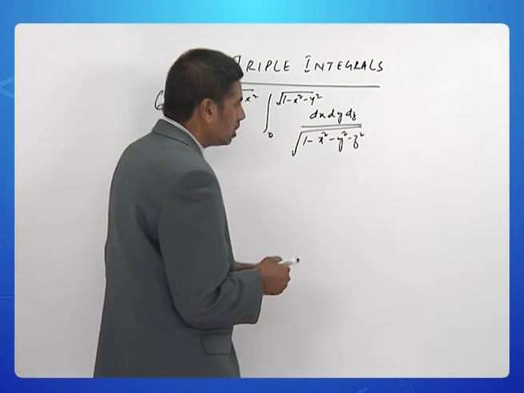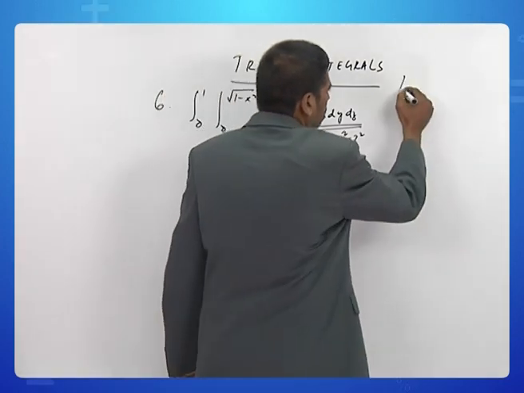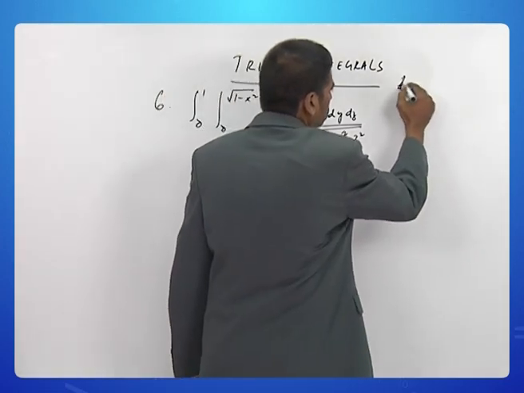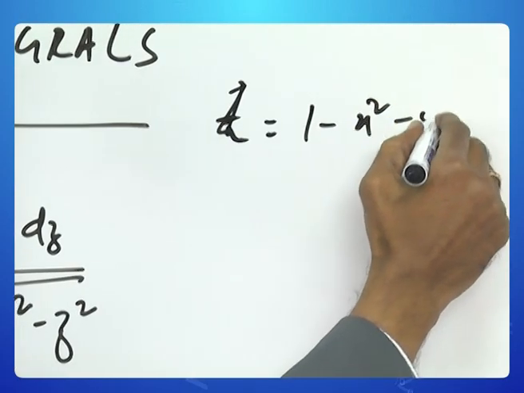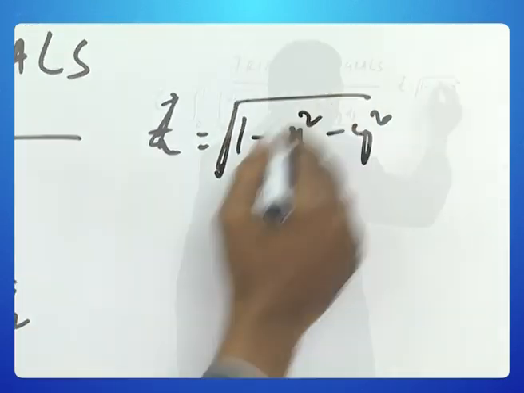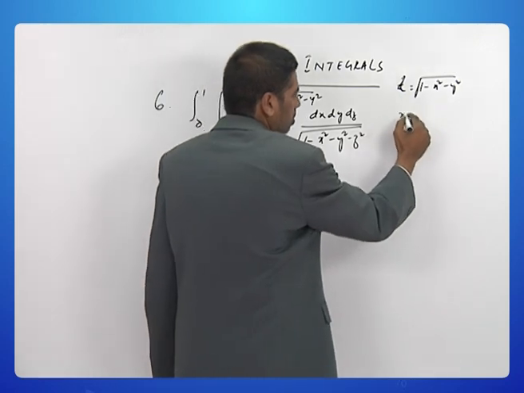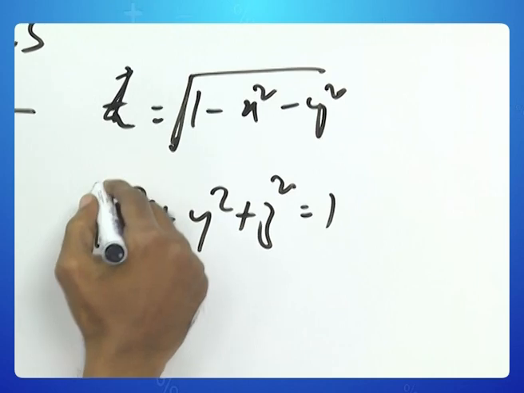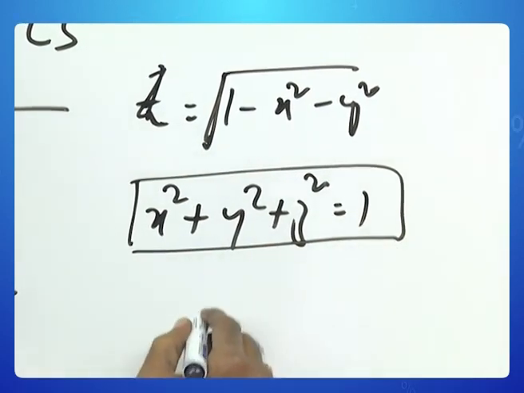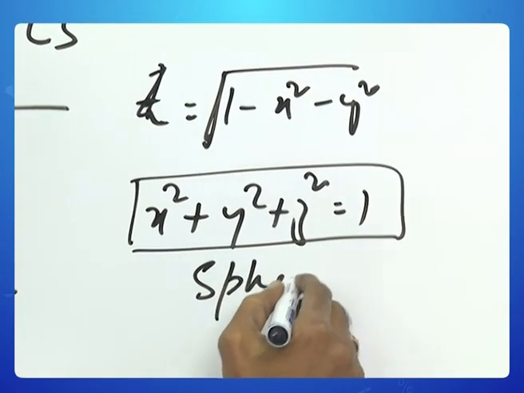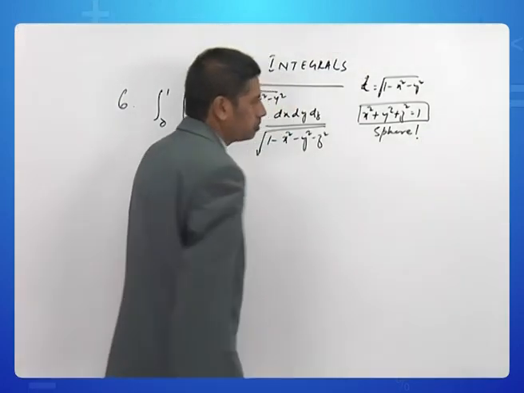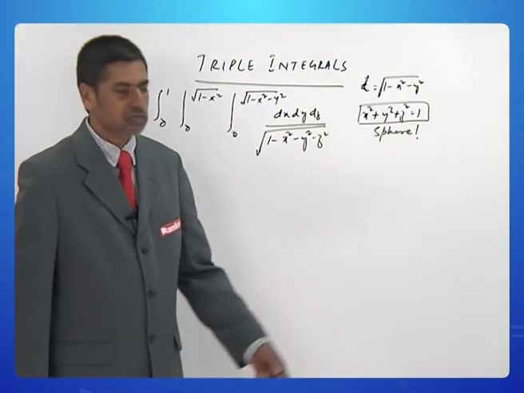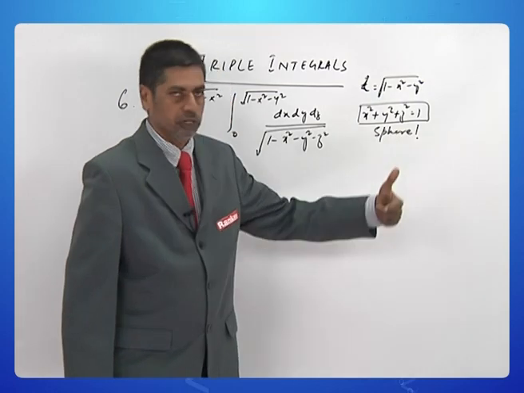So if you take z is equal to square root of 1 minus x squared minus y squared, and if you simplify this, you will get x squared plus y squared plus z squared is equal to 1, which is a sphere. Of course, radius is 1, so we can call it a unit sphere.